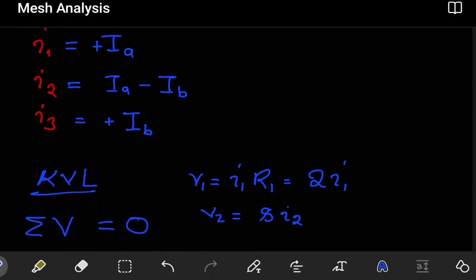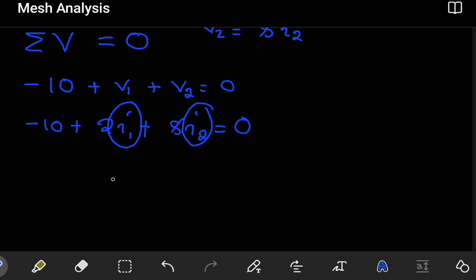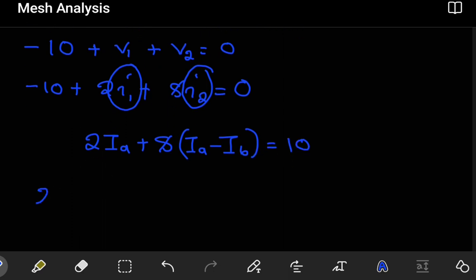I1 is the same as IA. I2 is IA minus IB. So this becomes, I'll take the minus 10 the other side, 2IA plus 8, then I have I2 here, which is IA minus IB, is equal to positive 10. Then from here, this becomes 2IA plus 8IA minus 8IB, is equal to 10.